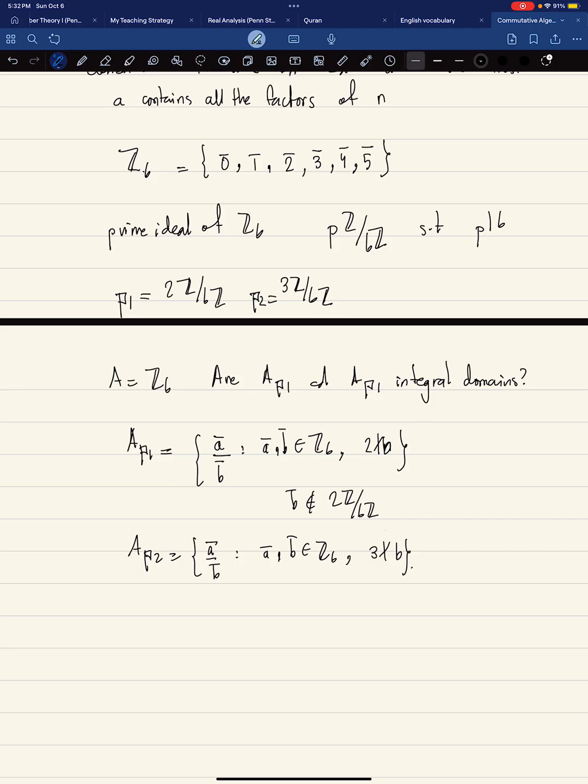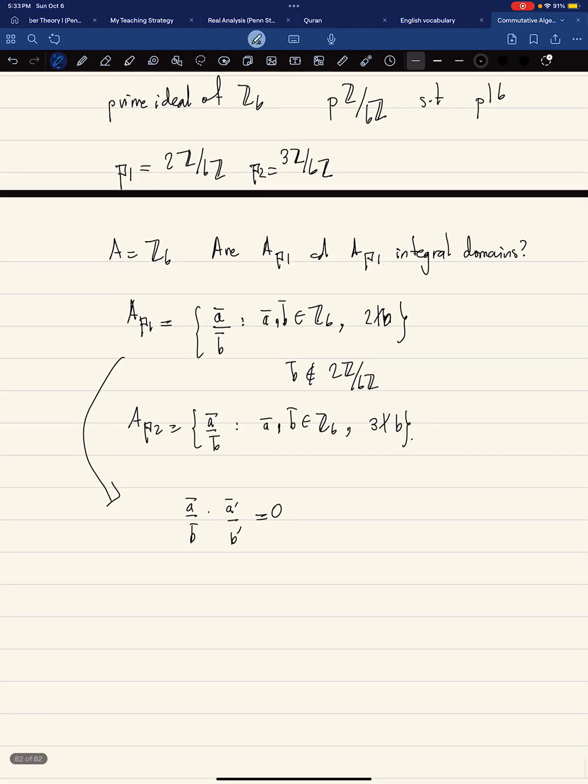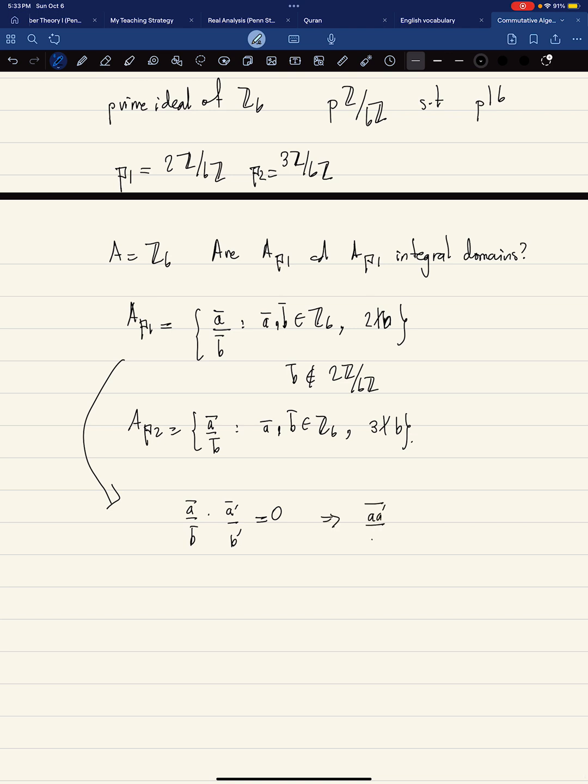So we already know that these two are local rings, which means that they contain a unique maximal ideal. We just have to show that these are integral domains. I think this should not be difficult, because if we have a over b and we multiply it by a' over b', we want to show that if this thing is 0, then one of them is 0. This implies that a a' c is equal to 0, where c does not belong to 2Z over 6Z, which means that 2 does not divide c.